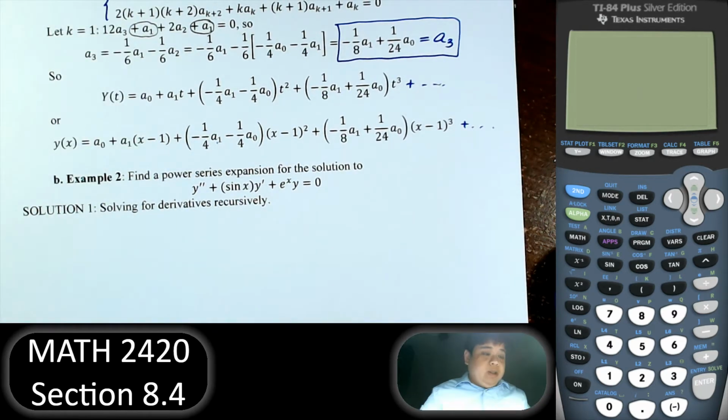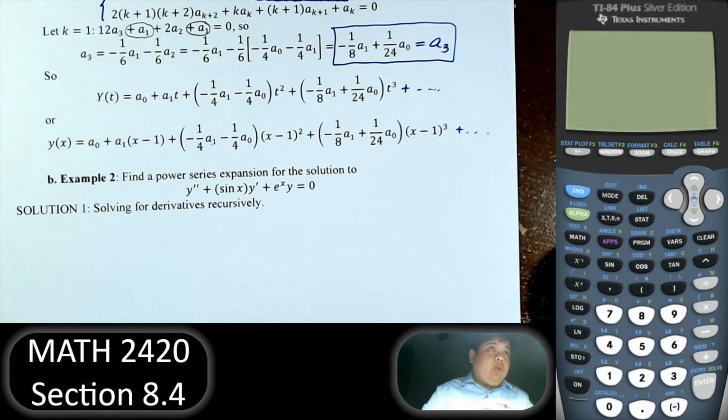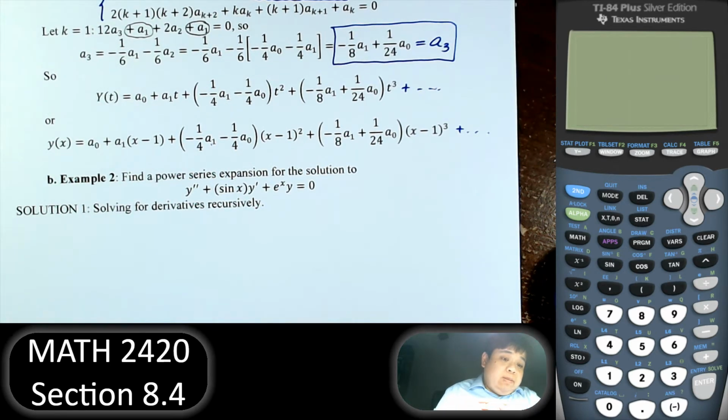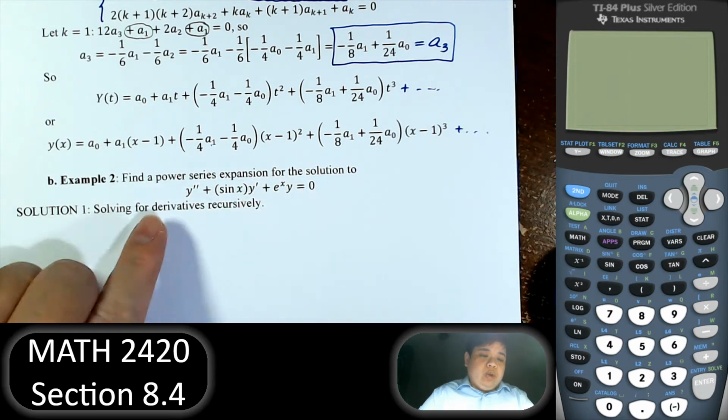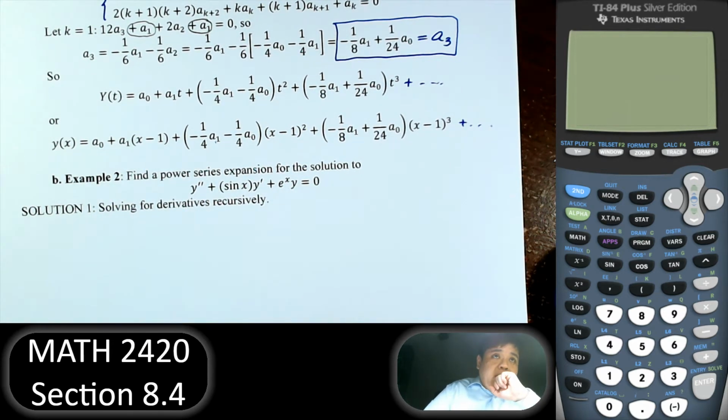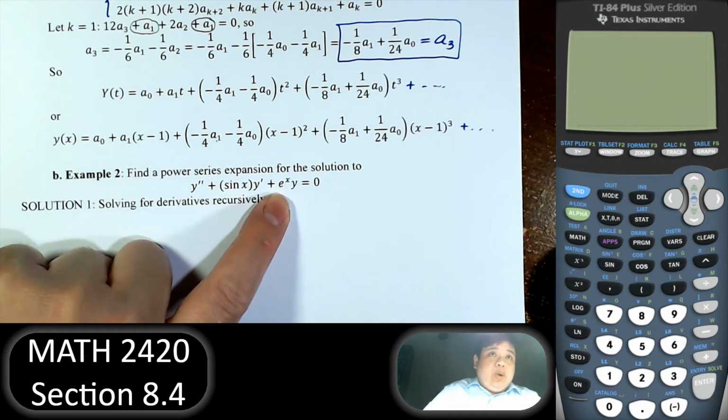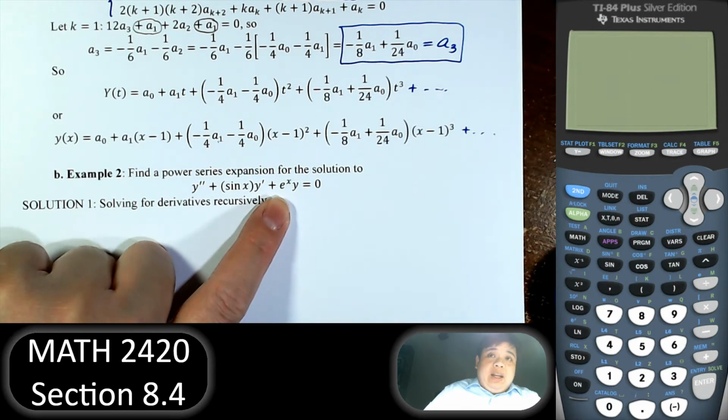Now, before we go to the other section where we take care of the singular points, some special cases of singular points, we just want to do one simple example. Find the power series expansion for the solution to this. First of all, we have sine x and e to the x, both of them are analytic.